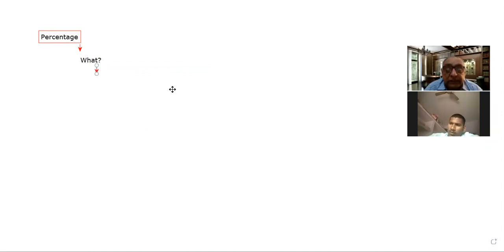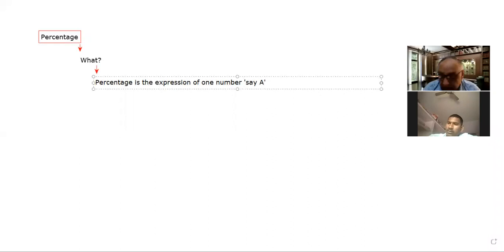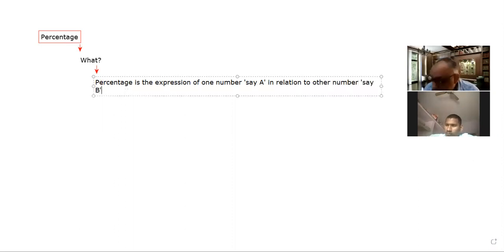Regarding percentage, I would say that percentage is the expression of one number, say A, in relation to another number, say B, if the reference number, that is B, is taken as 100. So this is the percentage, right?